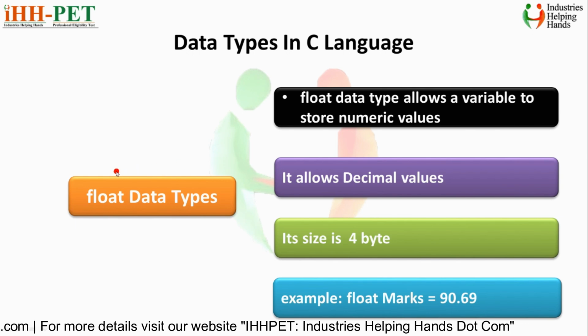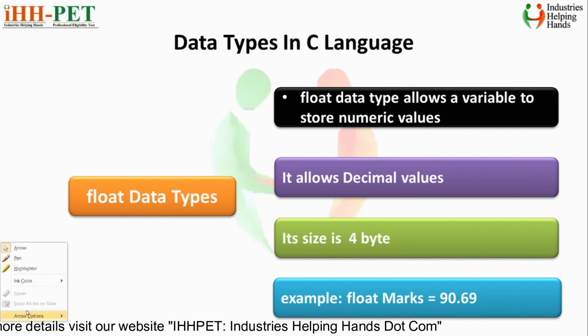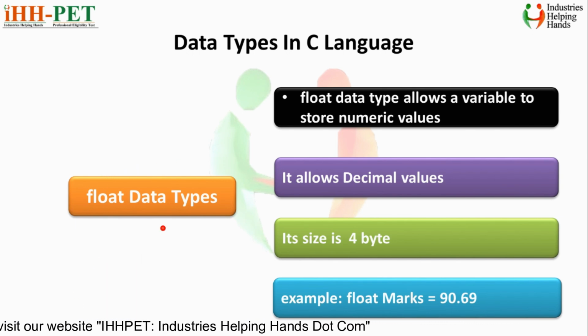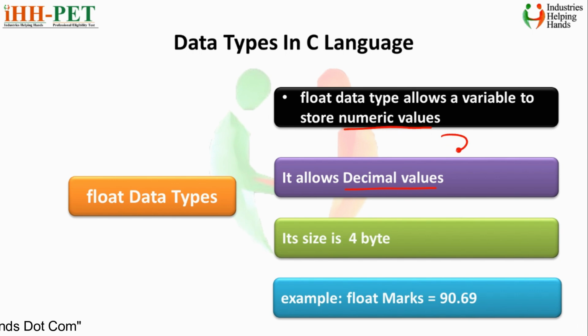Now we will discuss float data types. As you all know, float always contains decimal values. So we can say that it allows decimal values. The float data type allows a variable to store numerical values that are decimal values.